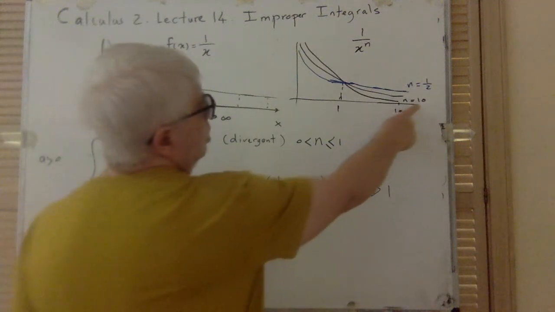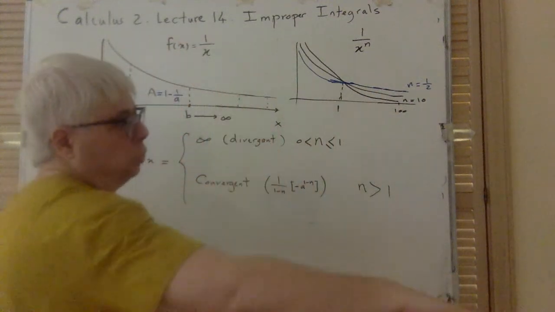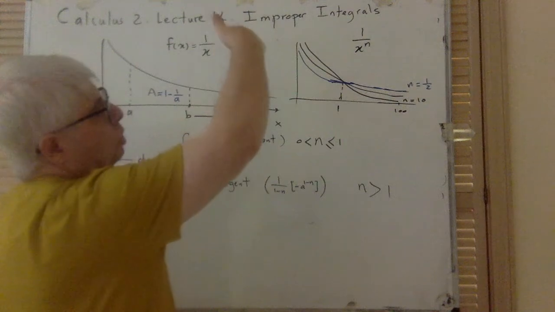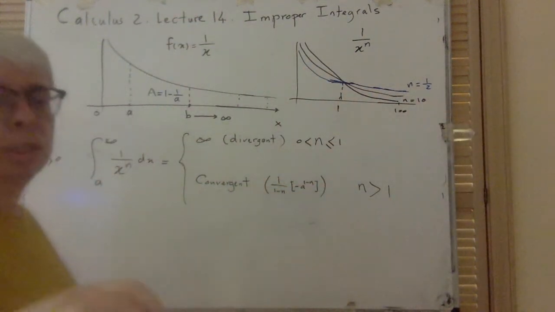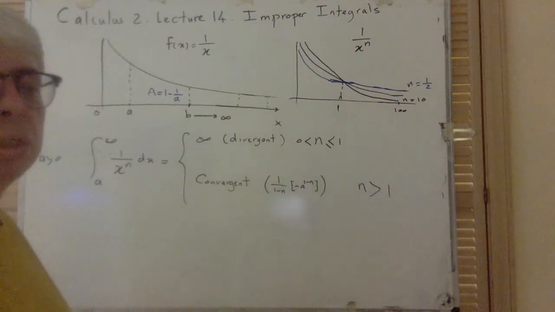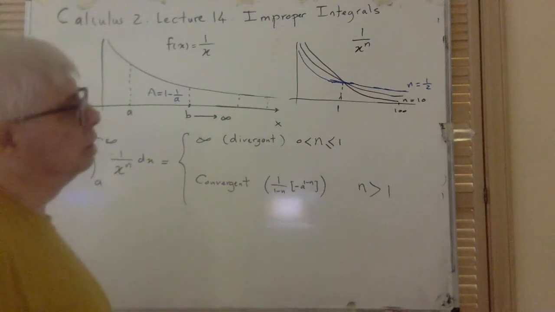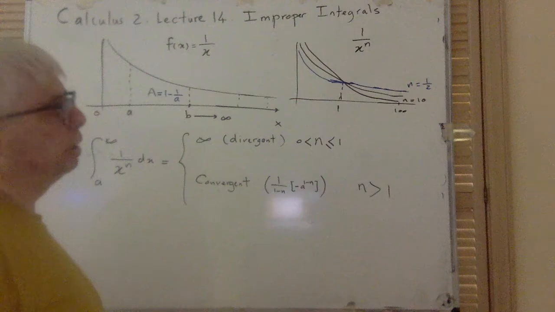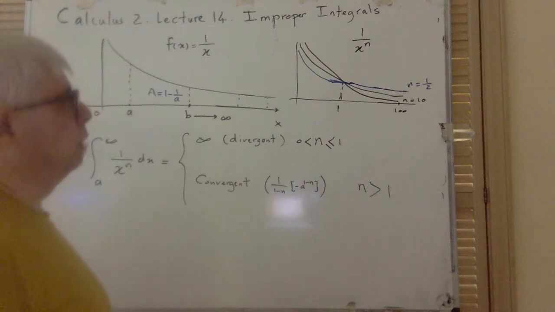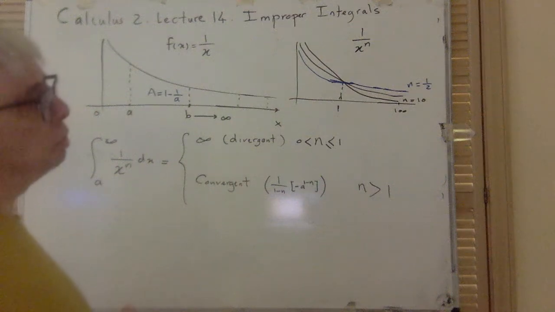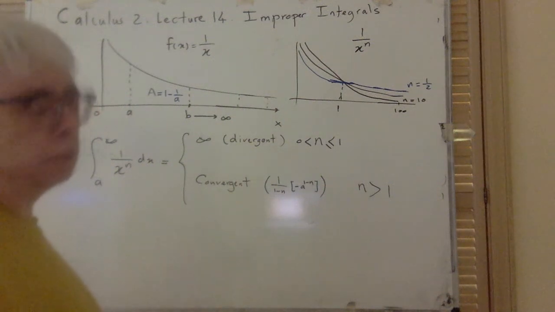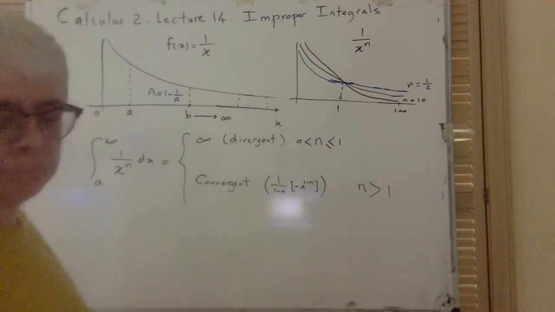N equals 10 goes to 0 quickly, but n equals 1/2 just keeps getting closer to 0 at a much slower rate. But anyway, it's amazing that at n equals 1, which gives you ln, it is still infinite.